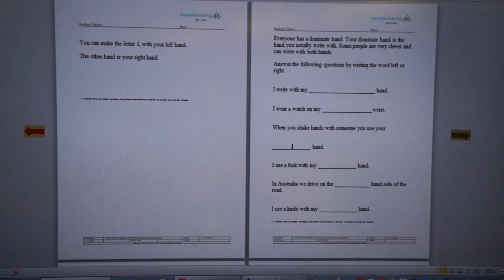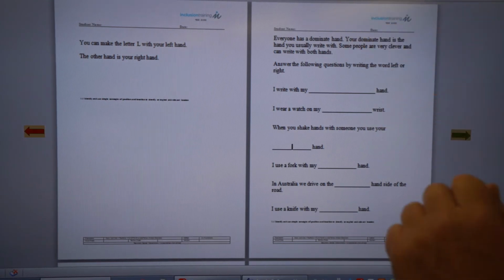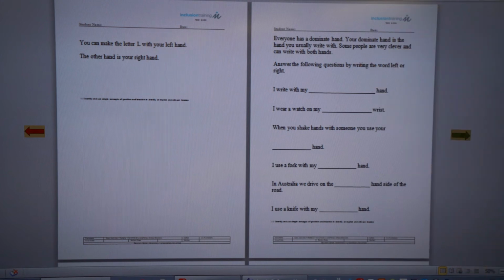The first question is, I write with my right hand or left hand? Which hand do you write with? I wear a watch on my right wrist or my left wrist. Where do you wear your watch?